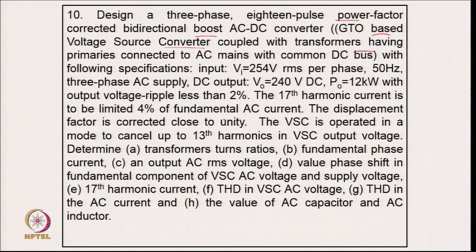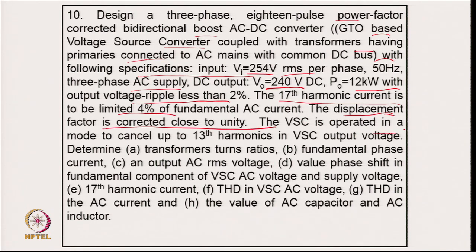Now, coming to the 10th example: design a 3-phase 18 pulse power factor corrected bidirectional boost converter, GTO based voltage source converter coupled with the transformer primary connected to AC mains, with the following specification: supply voltage per phase is 250 volt RMS and 50 hertz 3-phase supply. DC output voltage is 240 volt, output power is 12 kilowatt, with output voltage ripple less than 2%. The 17th harmonic current is limited to 4% of the fundamental, and because it is 18 pulse, you will not have harmonics lower than the 17th, and displacement factor is corrected to unity.